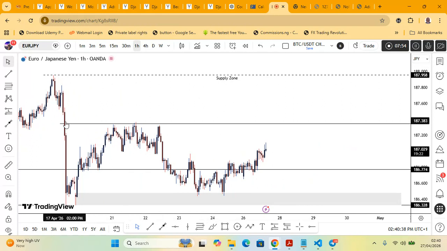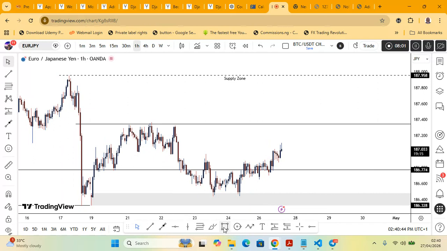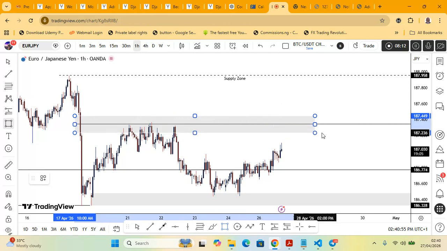But you can see there's a fair value gap here, and the market has mitigated that gap. Let me show you where the gap is. This is the fair value gap, the FVG.